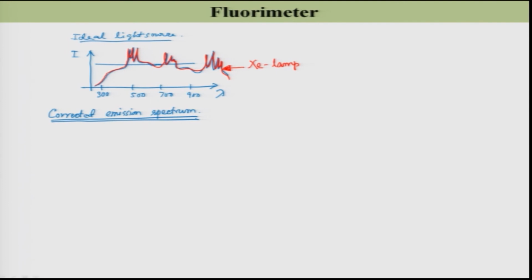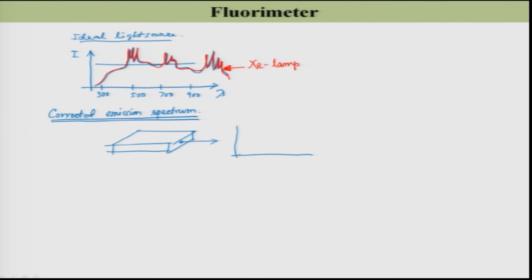You have to do something, right, to get this correct emission spectra. So, let me give you one quick solution for that. Let us say that you have this fluorimeter in your lab. So, this is your fluorimeter, right, and from here you will get the emission spectra of a known molecule.